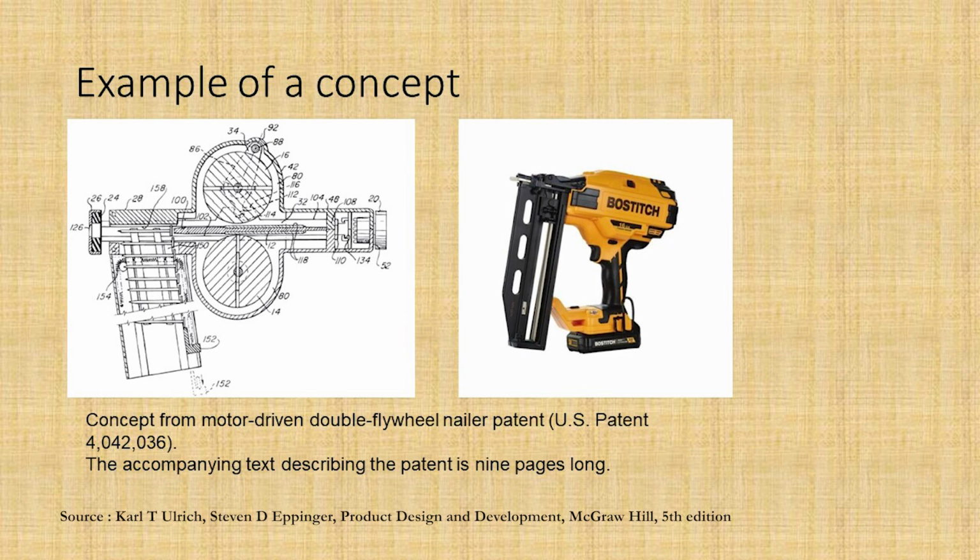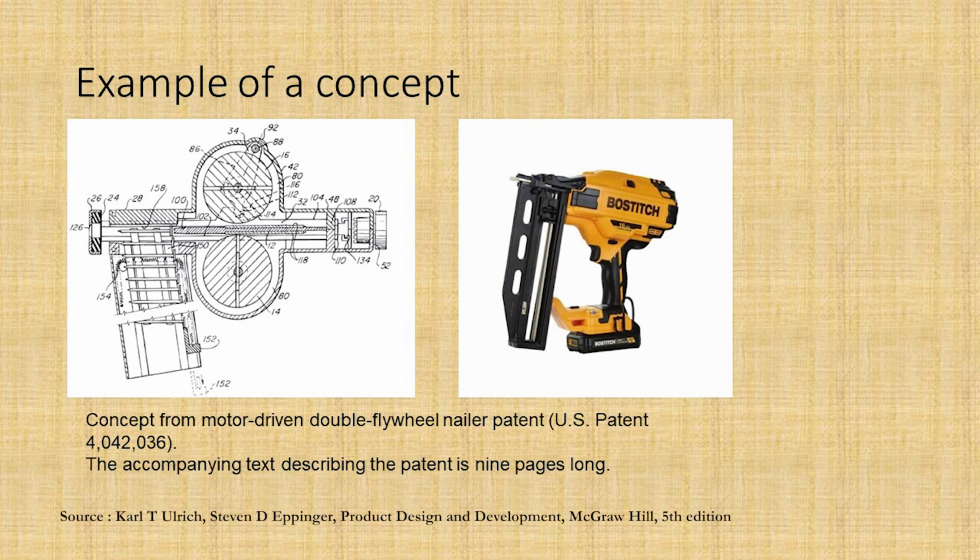It is able to fix nail into objects, and this is driven by a motor and it uses a double flywheel. So, motor driven double flywheel nailer. You can see how complex this concept looks like. The accompanying text describing the patent is 9 pages long. So, this accompanying text also forms part of the concept.